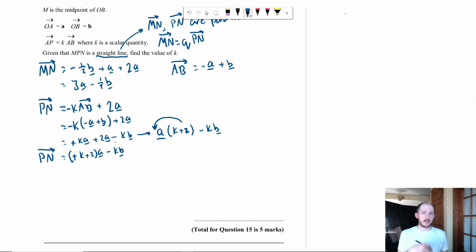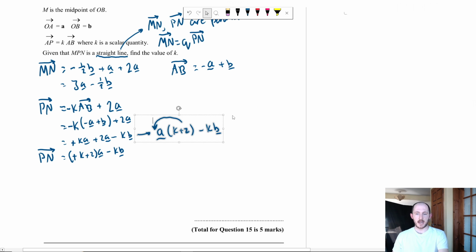Putting the bracket first doesn't change anything. Does that make sense, Lila? So all I've done is factorize out the a. Again, treat the letter A literally the same way that you treat algebra. Yeah, okay, my bad. Fair enough.